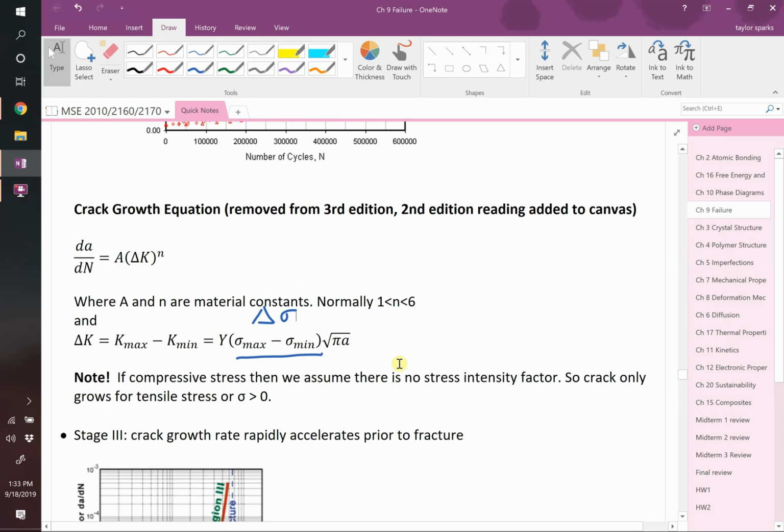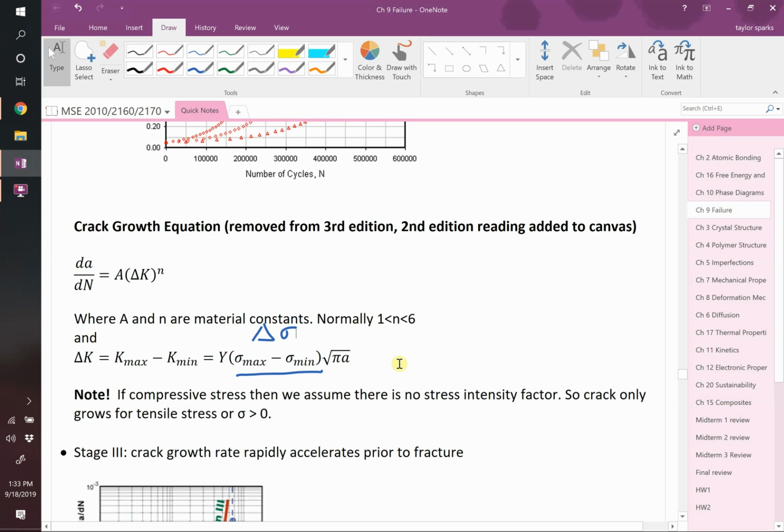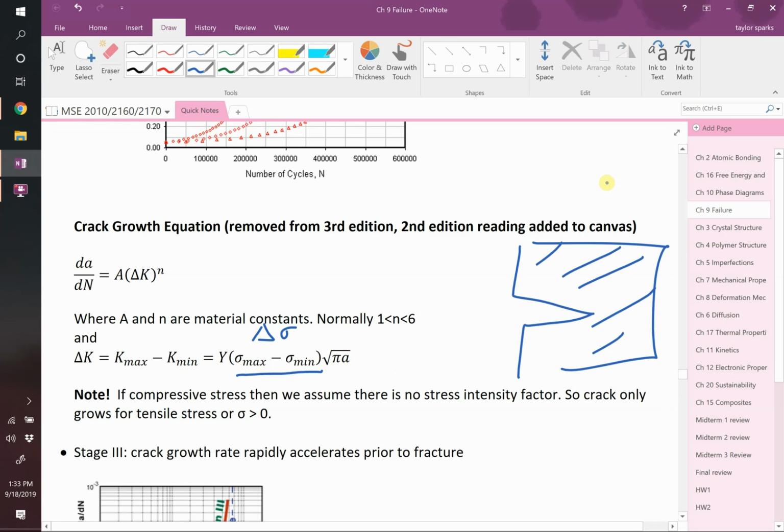Now, we make a huge assumption in this class, because what was the only type of stress that we were able to account for with mode 1 fracture toughness? Mode 1 fracture, right? Which is this picture. If this is your material, we're pulling it straight up and straight down, and we're elongating that crack due to tension only.